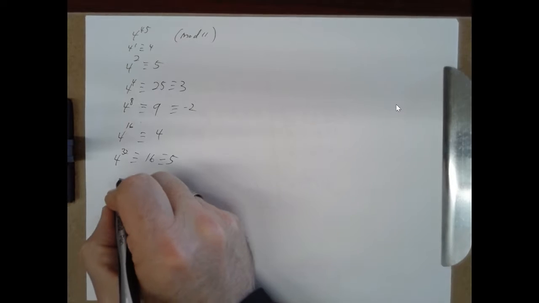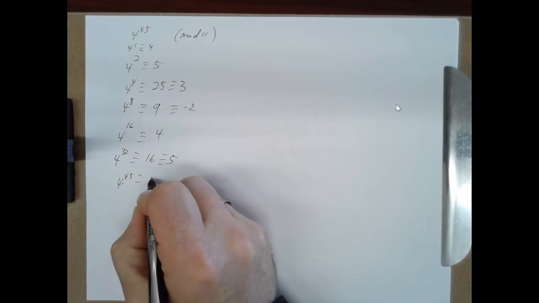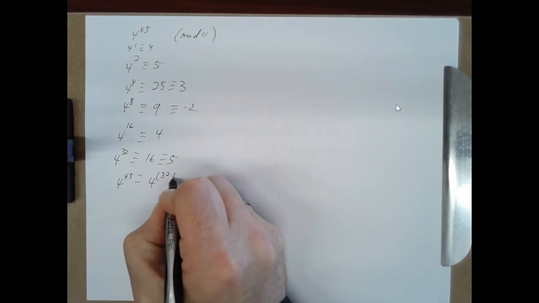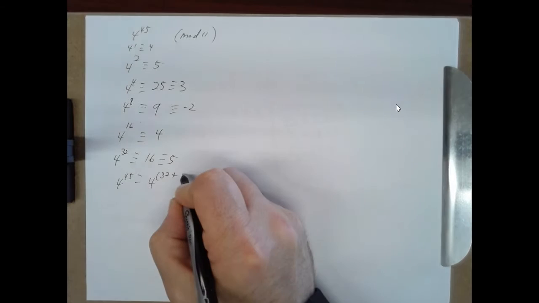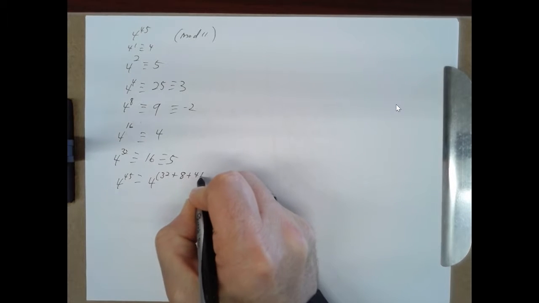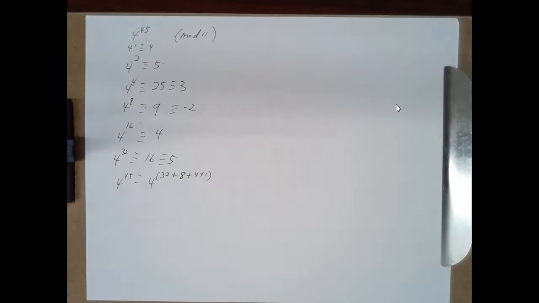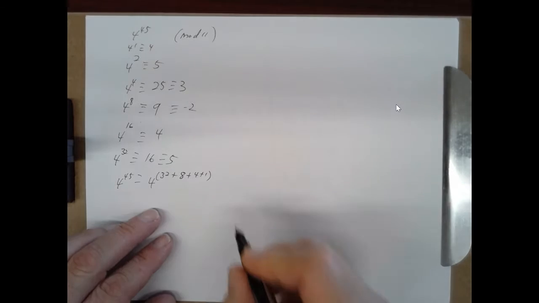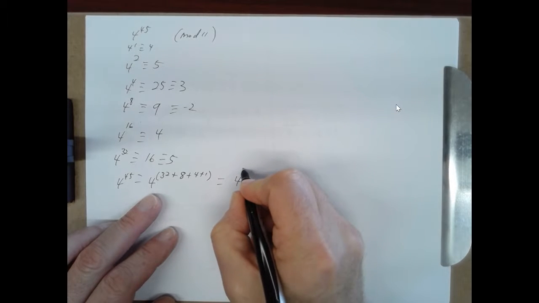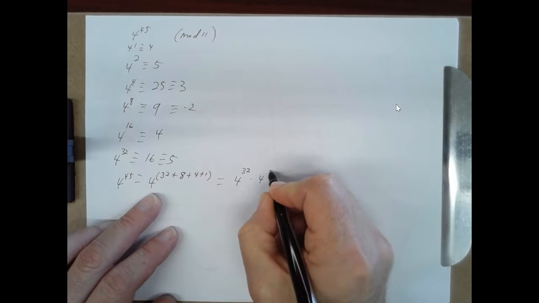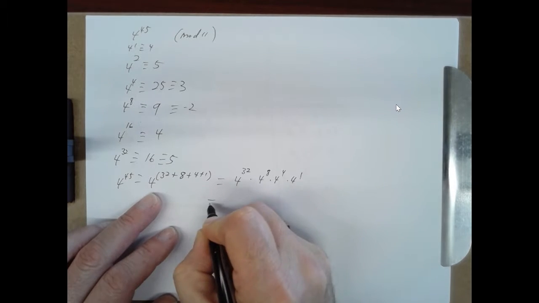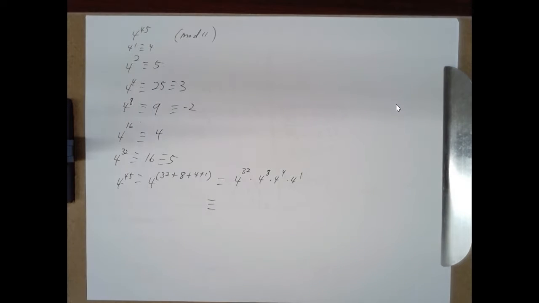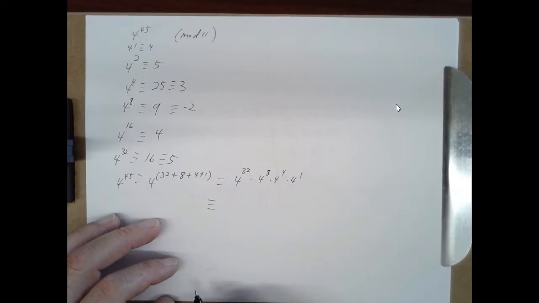And now you can say 4 to the 45th is equal to 4 to the 32 plus, and we're writing 45 in binary now. So 32, 42, that's an extra 13, so it's 8 plus 4 plus 1. And now law of exponents says we multiply these. And modular arithmetic says this is congruent to whatever each of these is congruent to, all multiplied.